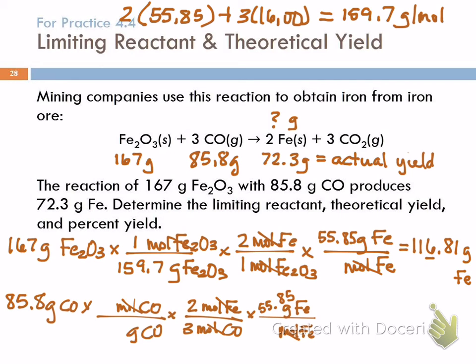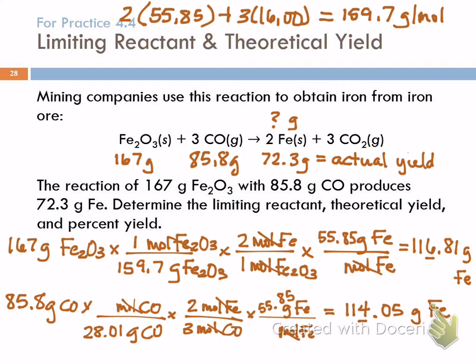And then we need the molar mass of carbon monoxide, which would be carbon, 12.01, plus oxygen, so 28.01. 85.8 divided by 28.01 times 2 divided by 3 times 55.85. This one would also have 4 sig figs. I'm going to carry 2 extras: 114.05 grams of iron.